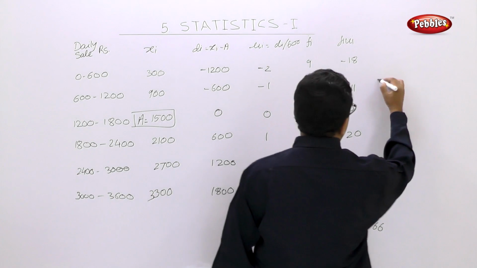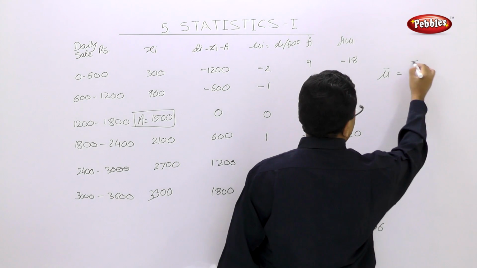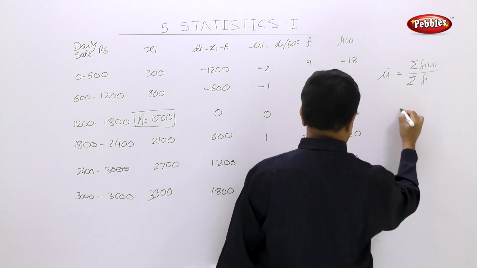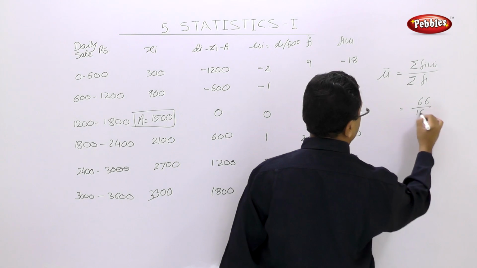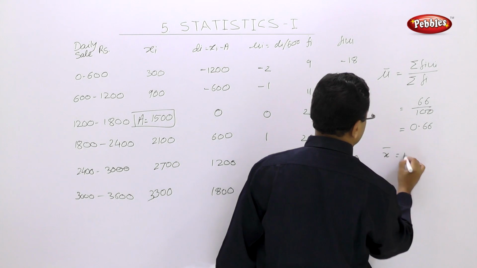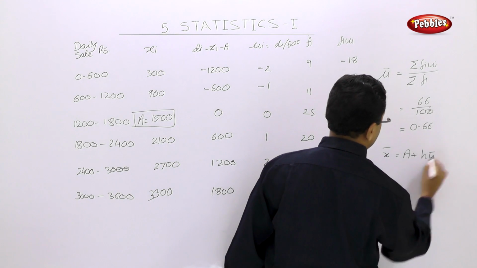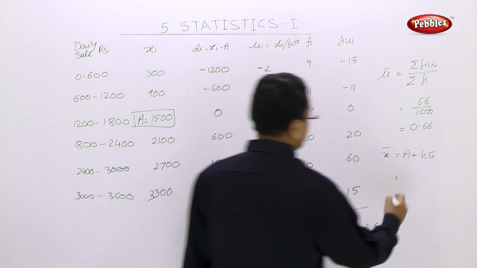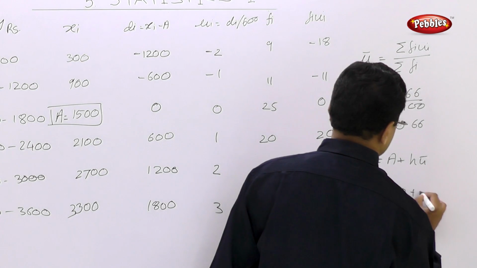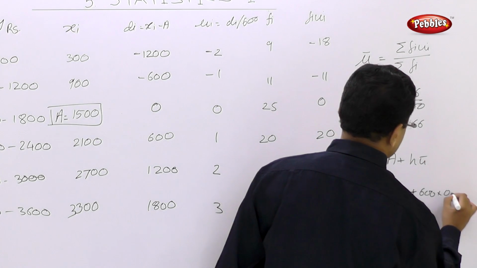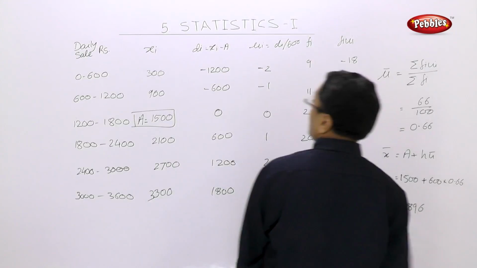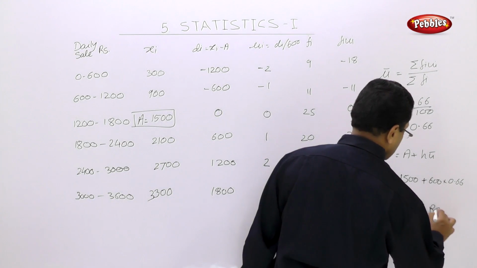Now I can find u bar, that is sigma fi ui upon sigma fi, that is 66 upon 100, that is 0.66, and my x bar is equal to a plus h u bar. My a was 1500, h is 600. Do the final calculation: 1896 rupees.